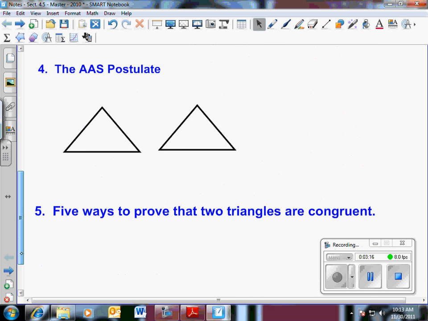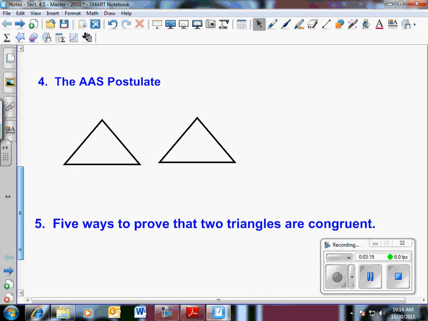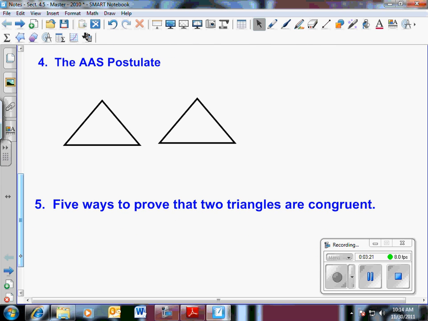Let's go down to the angle angle side postulate. It says this. I can show this angle is congruent to this angle. I can show this angle is congruent to this angle. And if I can show this side is congruent to this side. Again, let's name this triangle ABC and DEF.